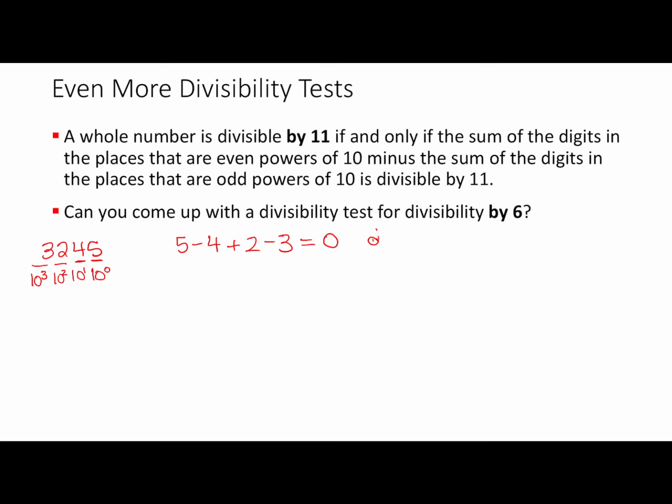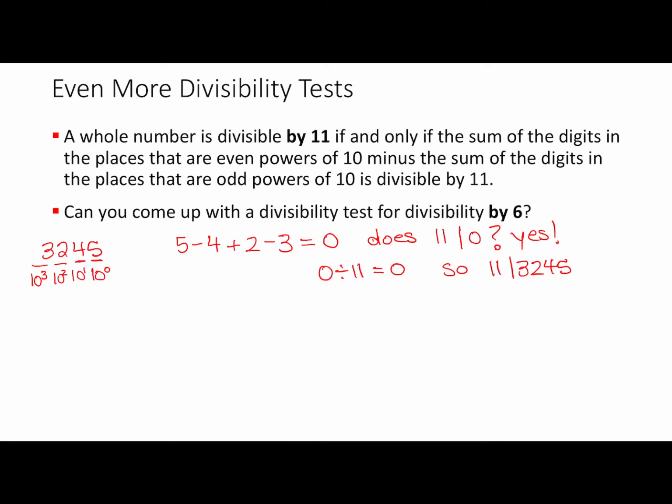Does 11 divide 0? The answer here is yes. Remember, 0 divided by any number is just 0. So since 11 divides 0, we can conclude that 11 divides our original number, 3,245.